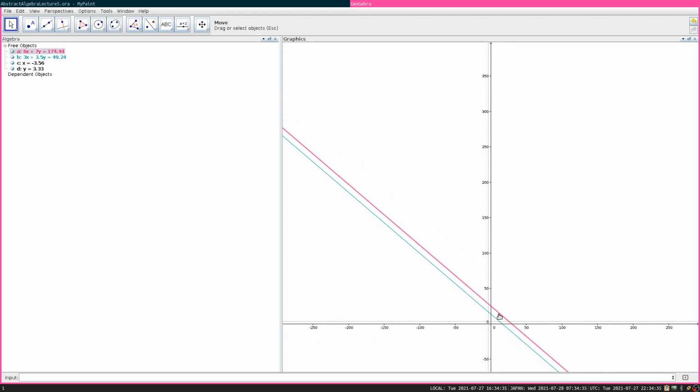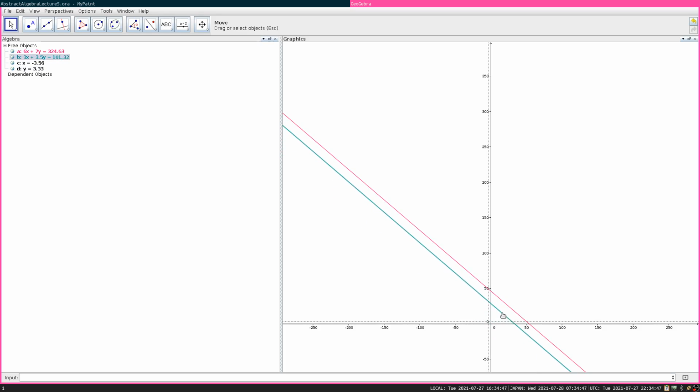And if they are the same line, then we have infinitely many solutions. So this is what is meant by the linear system or the matrix not being invertible. If the two lines are parallel, then either we can't solve it, or in the case where they're the same line, we can't solve it uniquely.